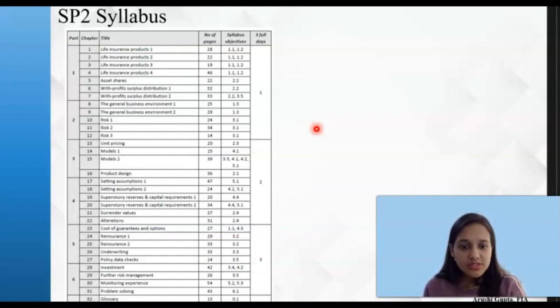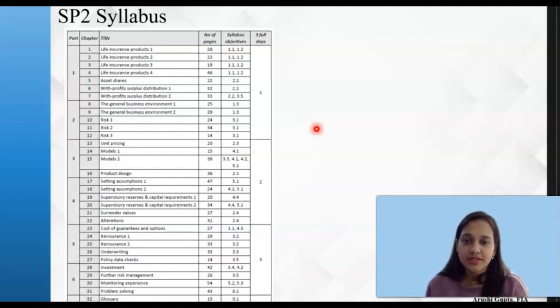So we'll do lots of preparation, we'll do mock exams as well, so that slowly over the course of this tutorial series, you will develop an understanding of how the level of your answer will match the indicative solutions, as much as we practice it together. So all you need to do is study regularly.